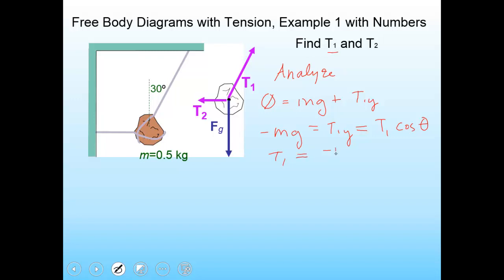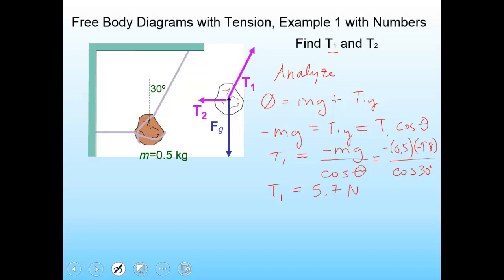T1 is equal to minus mg divided by the cosine of that angle. And now I'm going to plug in my numbers at the very end. Minus 0.5 kilograms times negative 9.8 meters per second squared divided by cosine of 30 degrees. We plug that all into our calculator, and we get that T1 is 5.7 newtons.